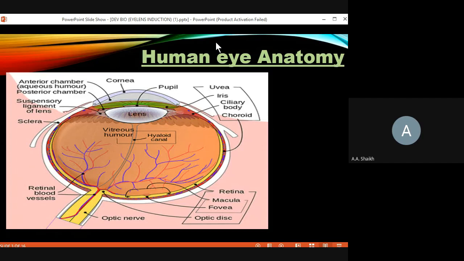Like the ciliary bodies hold the lenses. If they are not present at this position, and due to some misconception or mismanagement the ciliary bodies are placed beneath the lenses, will they be able to hold the lenses?